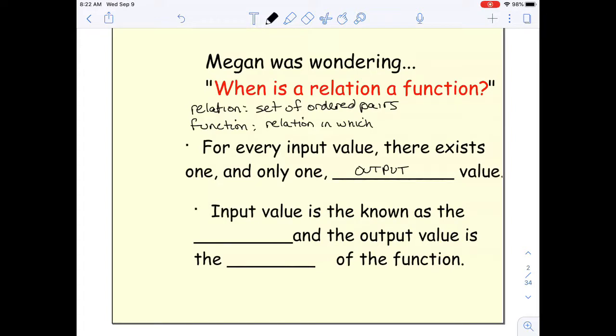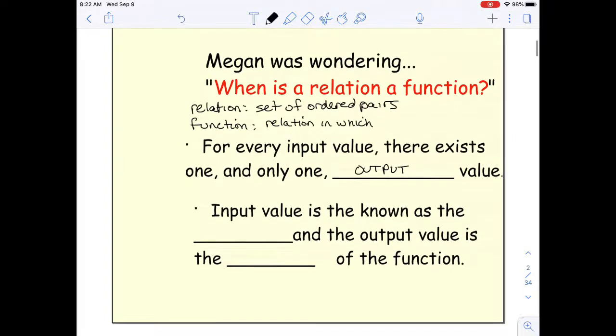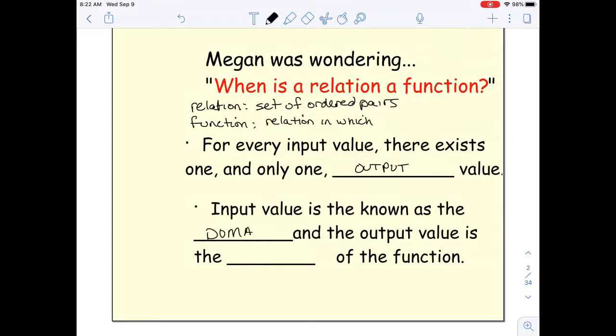The input value is known as the domain, and the output value is the range of the function.